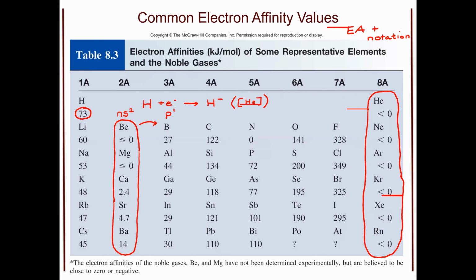unoccupied. The other group that historically gives people a little bit of trouble is typically our 5A group. Let us go and look at our nitrogen, phosphorus, arsenic in this group right here. It's very interesting that nitrogen was brought up during our ionization energy, and this is a confirmation of our Hund's rule. So remember that our nitrogen is going to have one electron in each of its p orbitals.